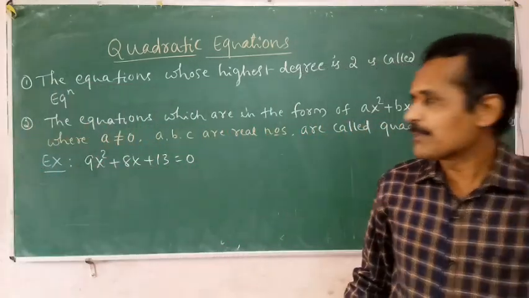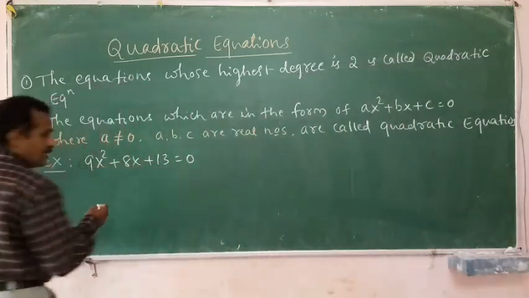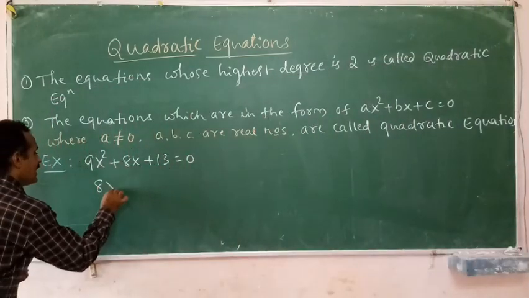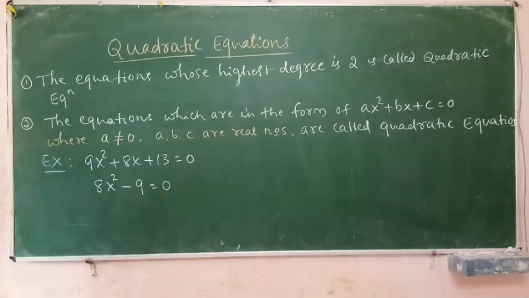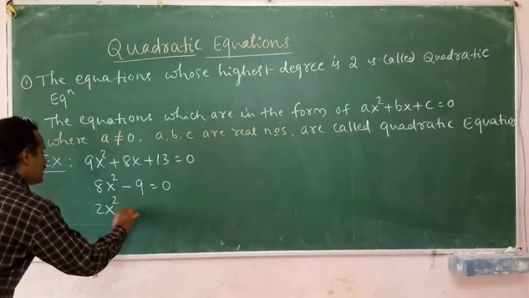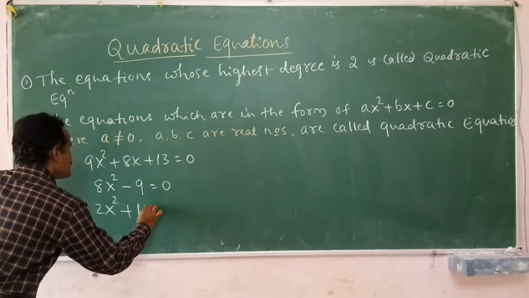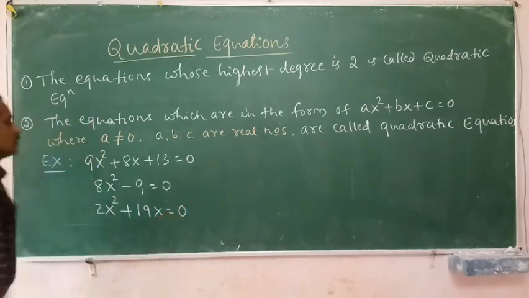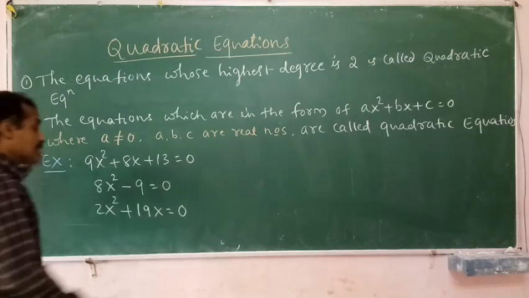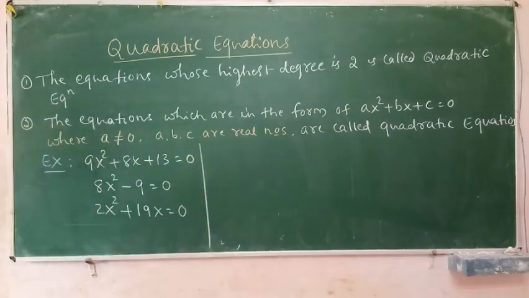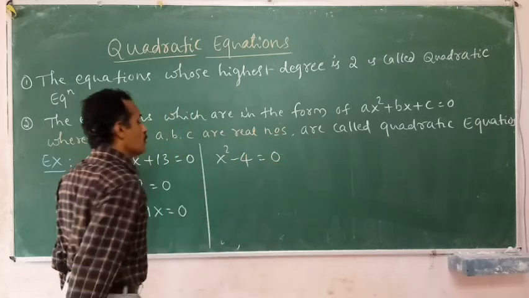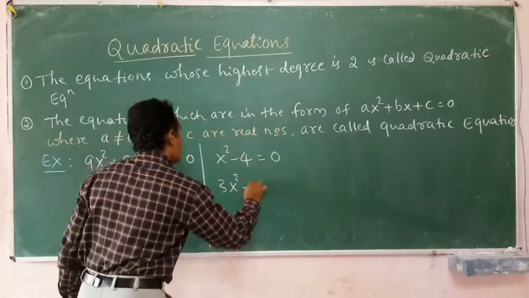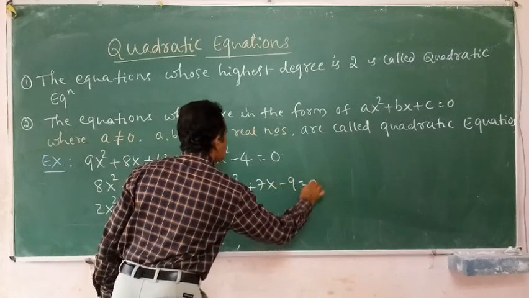Let us take some more examples. We can say 8x square minus 9 is equal to 0. 2x square plus 19x is equal to 0. Okay. These are all examples of quadratic equations. x square minus 4 is equal to 0. 3x square plus 7x minus 9 is equal to 0.